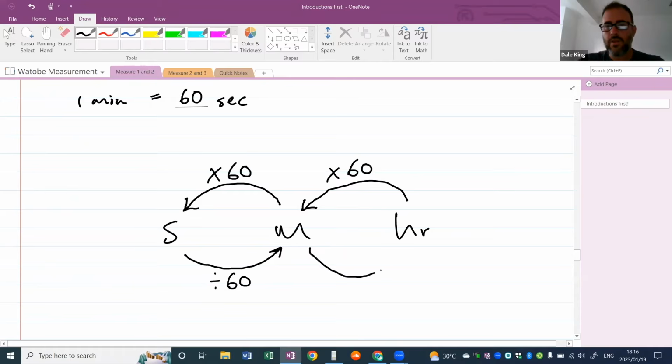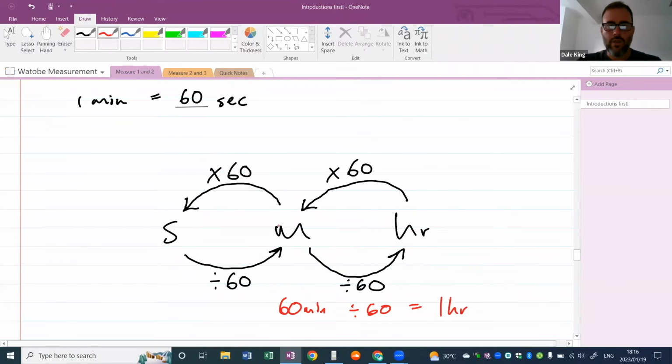And the same from minutes to hours. We'll divide by 60. Okay, so if we have 60 minutes, for example, to get to an hour, we would divide by 60, and you'll see we can get 1 hour.